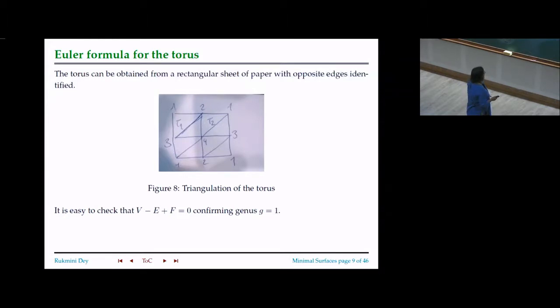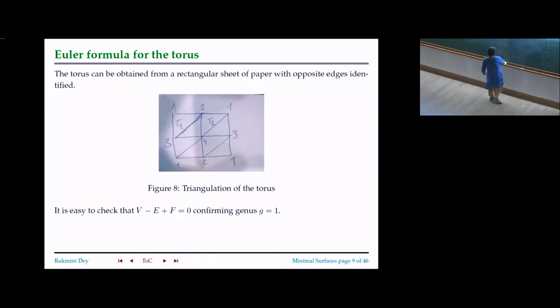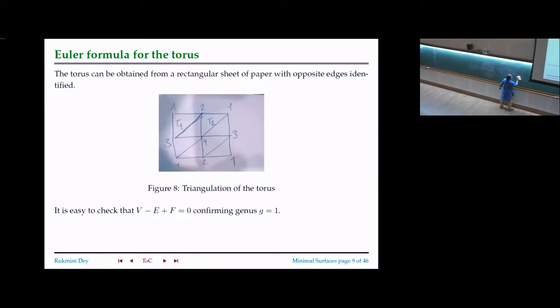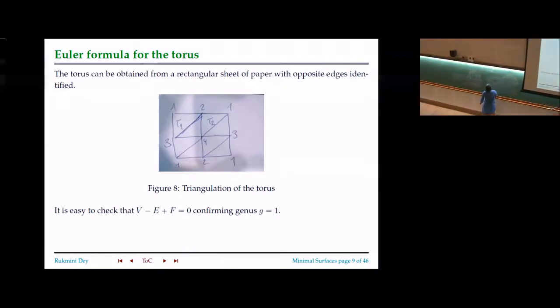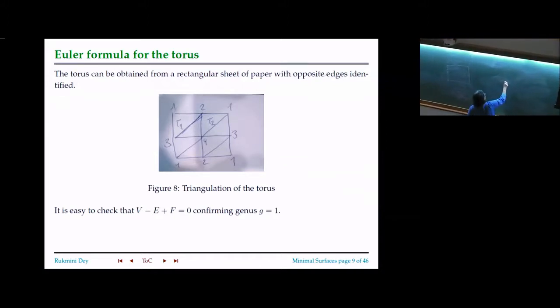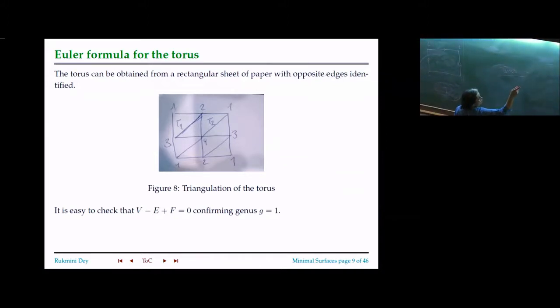So let's see how many vertices are there. So for the torus, in this diagram over here, the number of vertices is, there is one in the middle that has not been identified with anything.